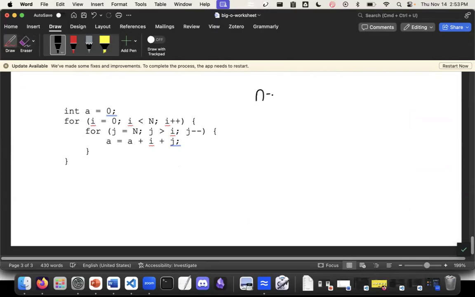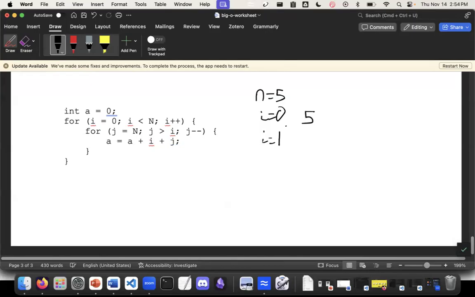Okay, so let's say n is 5. So if i is 0, then how many times does the inner loop happen? 5 times. So when i is 0, it happens 5 times.